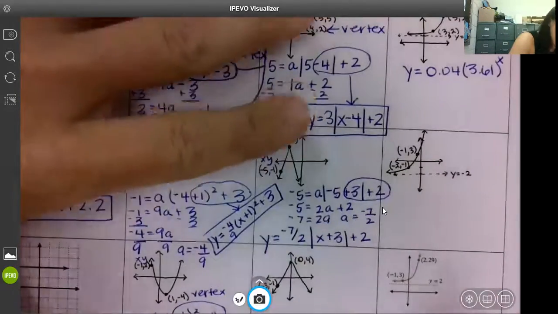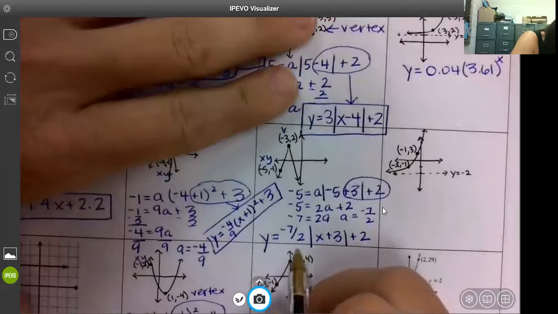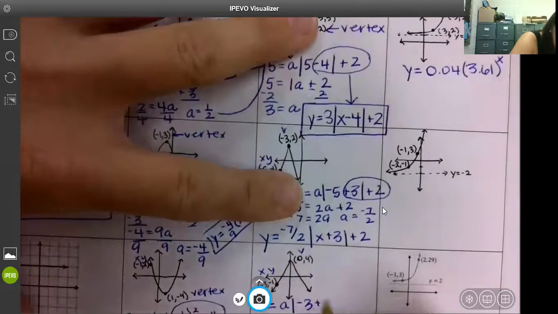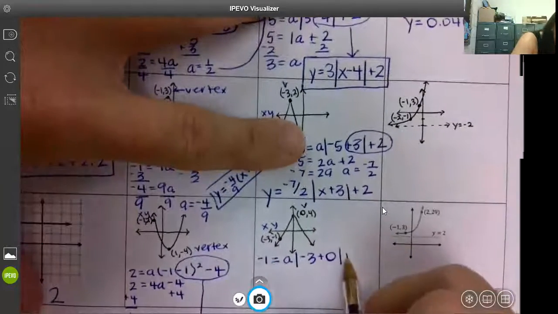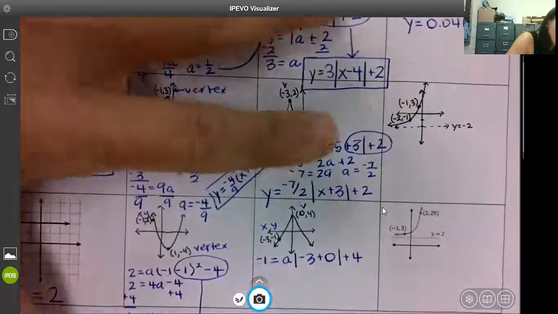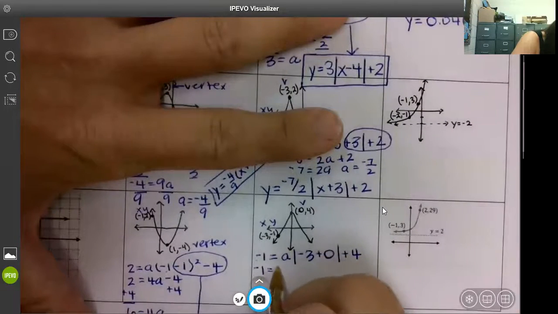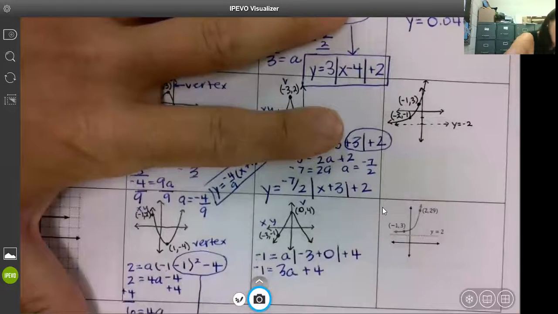Then your last absolute value, this is your vertex, this is your x and y. So y is -1 equals a, absolute value, your x. Then do your vertex. This one is easy because it's a +0, so you don't have to forget to change the sign. It's already good for you. And then keep the y. -3 plus 0 is -3. The absolute value is +3 times a is 3a.